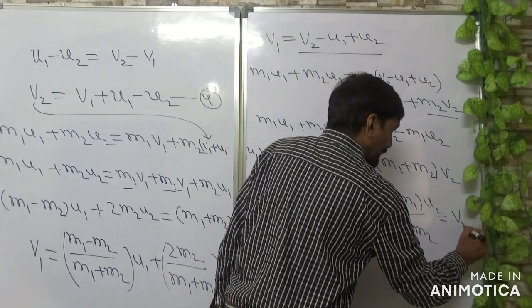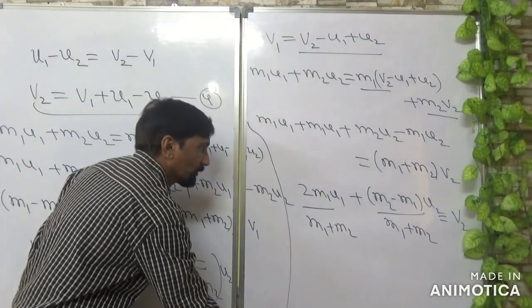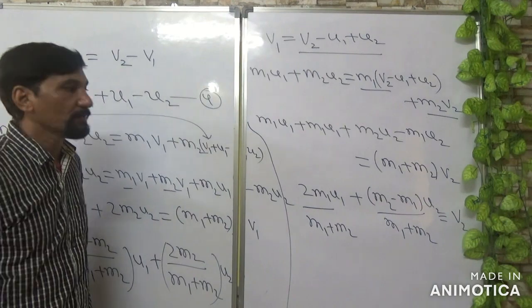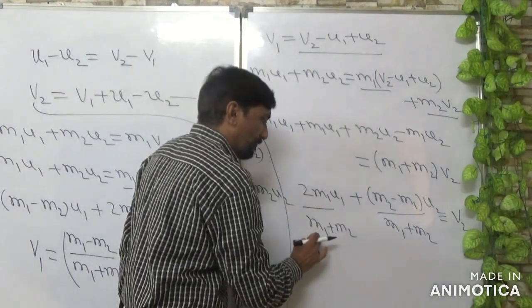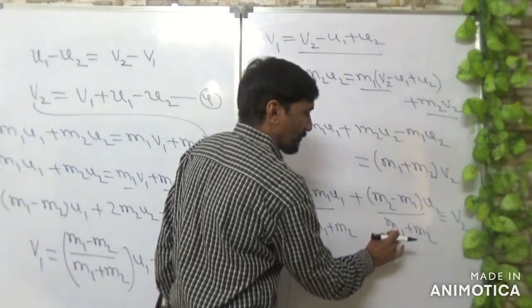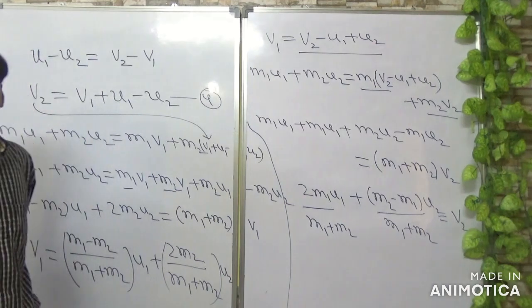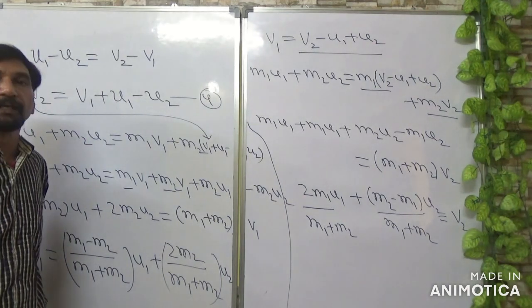So the final velocity of the second body is 2 m1 u1 by m1 plus m2, plus m2 minus m1 by m1 plus m2 of u2.